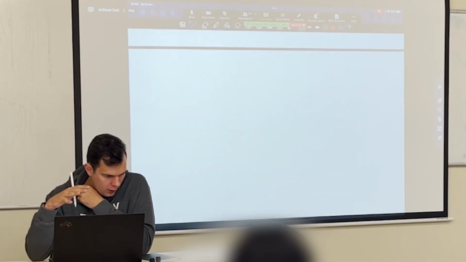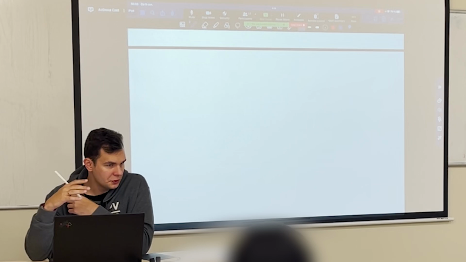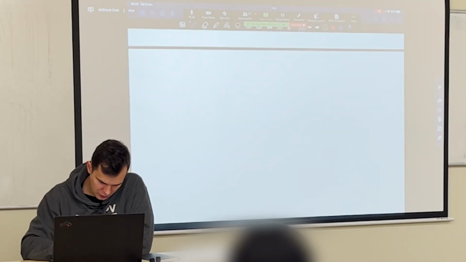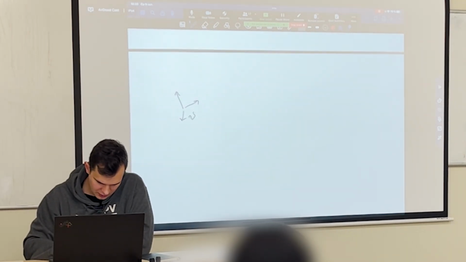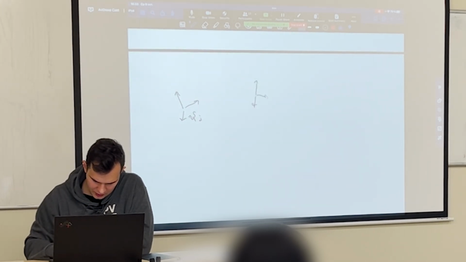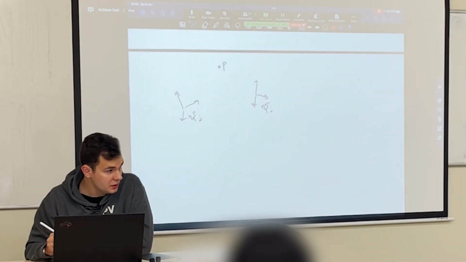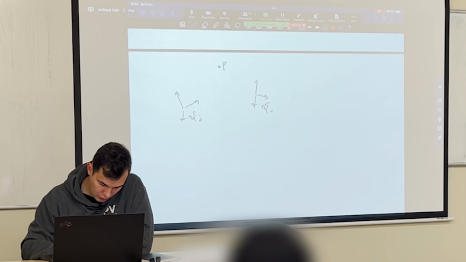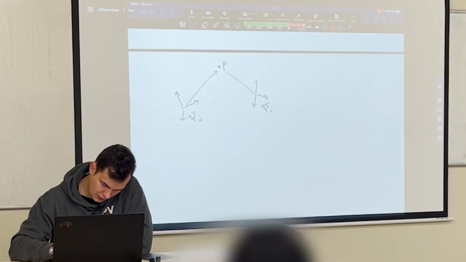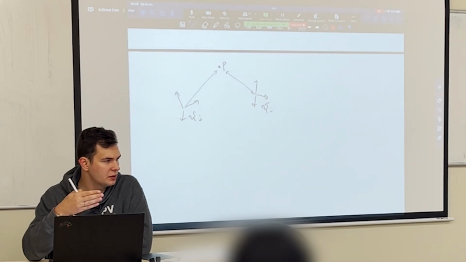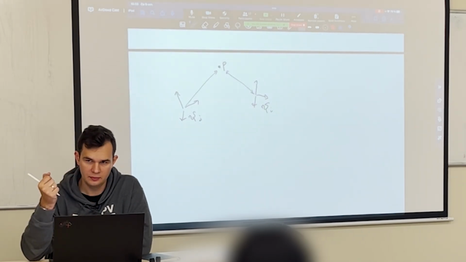So far we just considered rotation. But in general motion, you have some kind of frame j, you have another frame i, and you have some kind of physical point P. And you have a change not only in orientation, but also displacement.